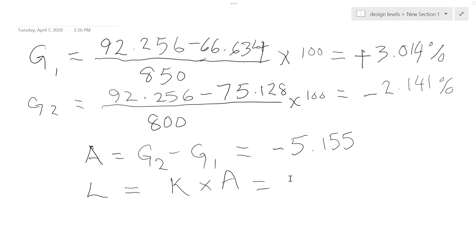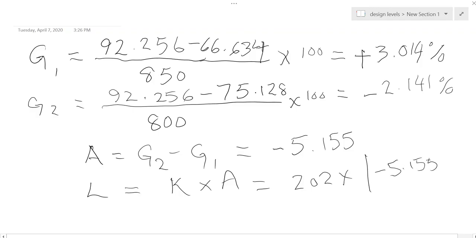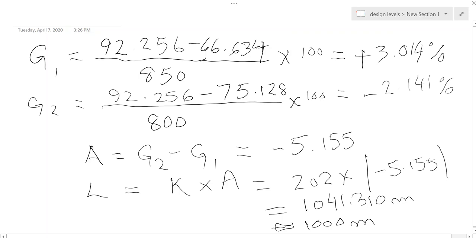It's always the case. 202 multiplied by the absolute value of A gives me a length of 1041 meters, which is almost, I'll just put it 1000 meters.